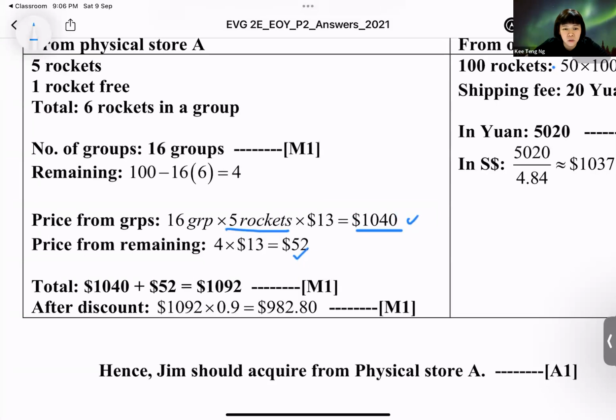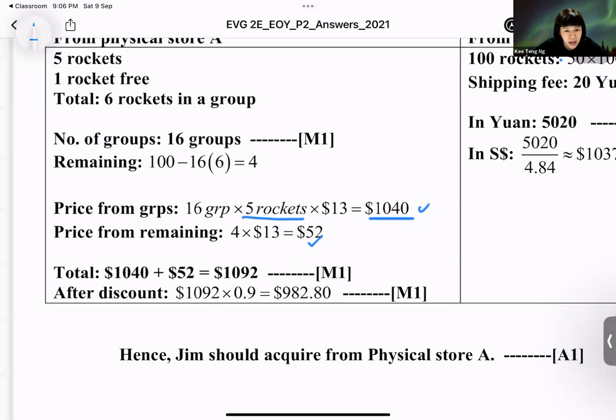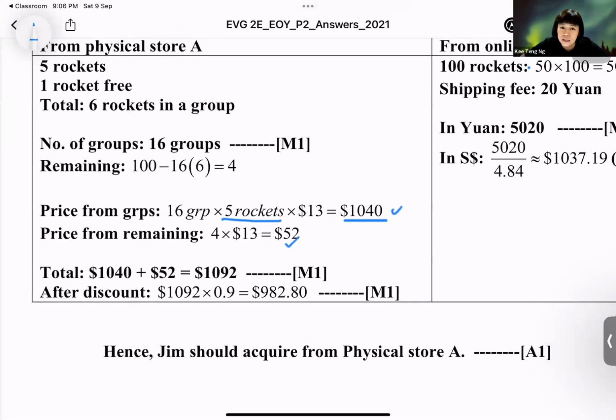So I'm calculating the total, 1092. Then after discount, since it's 10%, 100 minus 10 gives 90%. So 90 over 100, which is 0.9. Then you get the total price for store A.